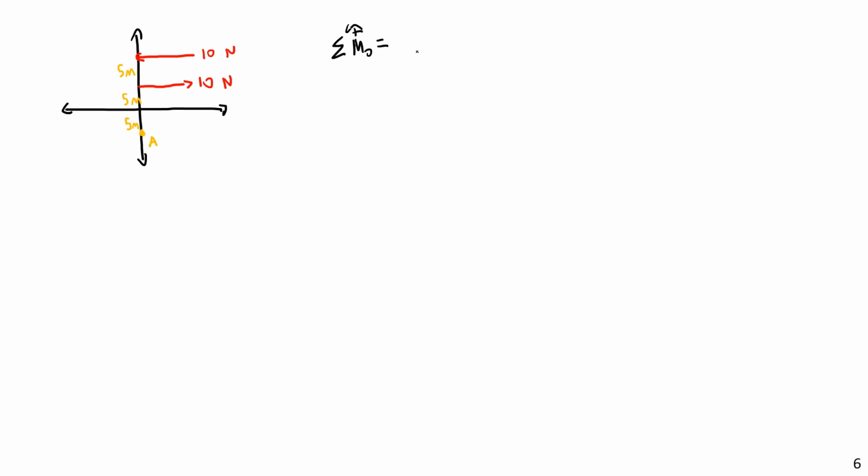So the sum of moments about the origin, I'm going to have, well, this 10 Newton force is going to produce a positive moment, 10 newtons, and then its moment arm length is going to be 10 meters. Then this 10 Newton force here will produce a negative moment, minus 10 newtons, with a moment arm length of 5 meters.